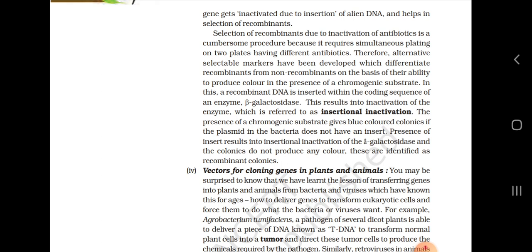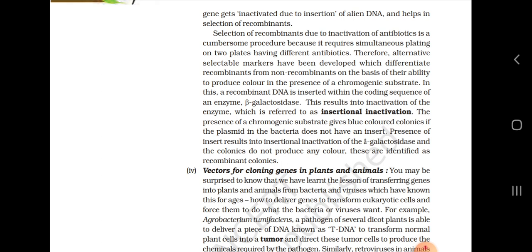Suppose we join a foreign DNA at the BamHI site of the tetracycline resistant gene in the vector pBR322. The recombinant plasmid will always lose the tetracycline resistance property due to the insertion of this foreign DNA. When this plasmid or host is grown in tetracycline medium, it is going to die because it has lost tetracycline resistance.